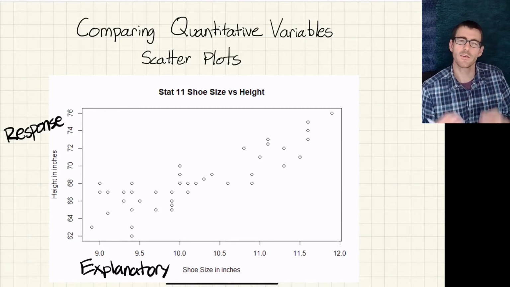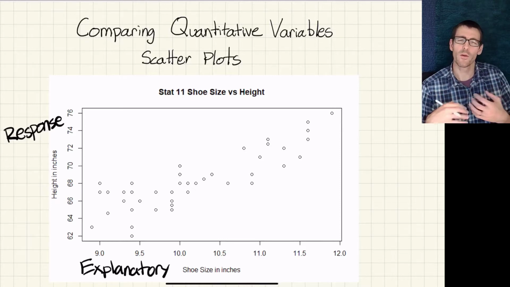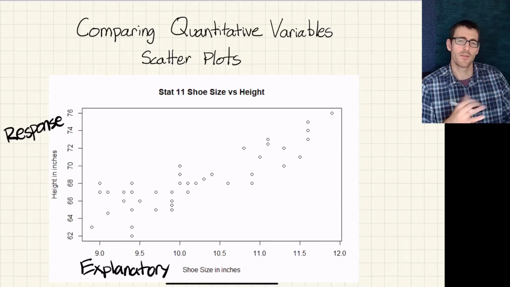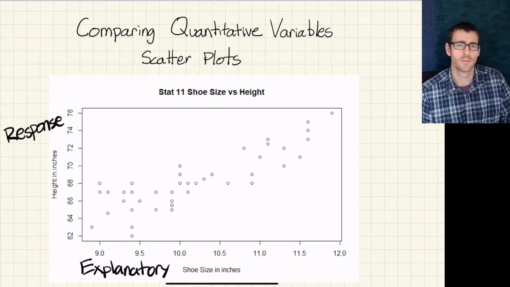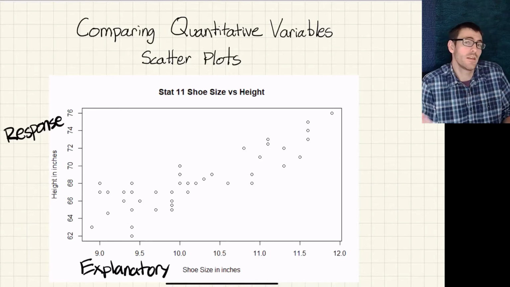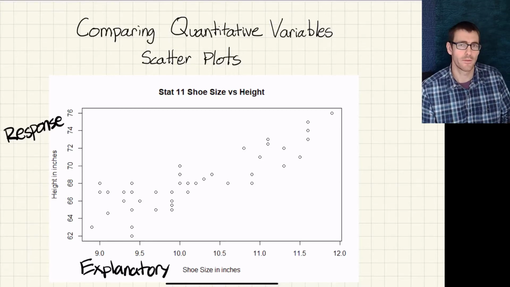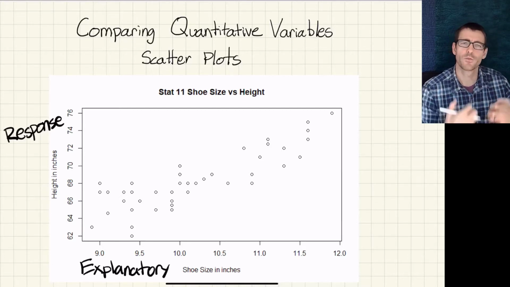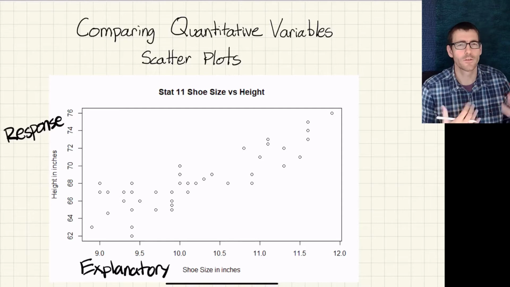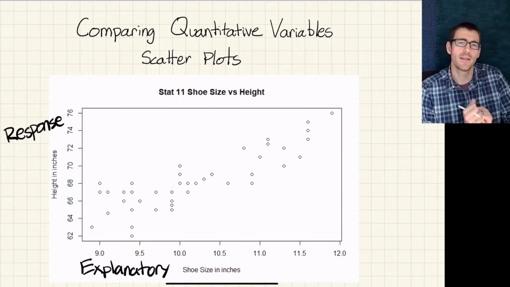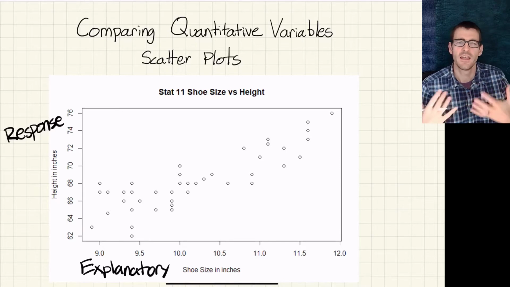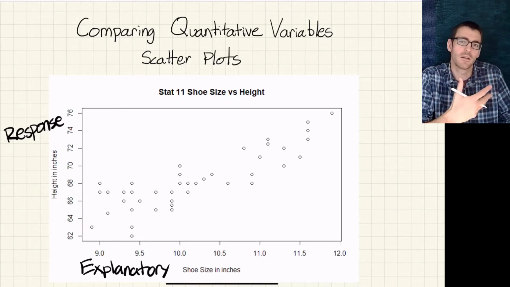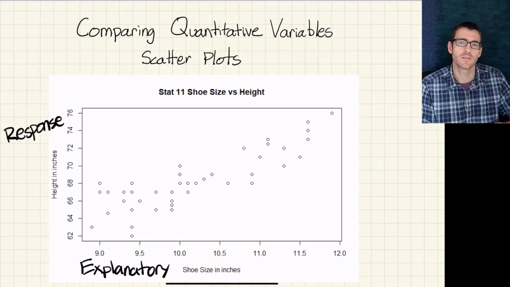And what matters here is much more how we're thinking about the variables than any hard and fast rule. Switching them up certainly is usually an entirely valid thing to do, but if we are looking for some sort of relationship, then typically we want the x-axis to be the variable that we think is explaining what's going on with the y-axis.